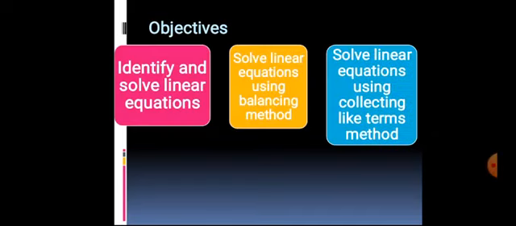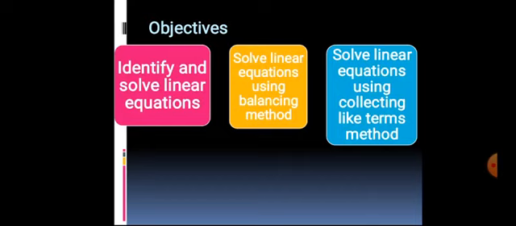You should be able to identify and solve linear equations. 2. You should be able to solve linear equations using balancing method. And lastly, you should be able to solve linear equations using collecting like terms method.